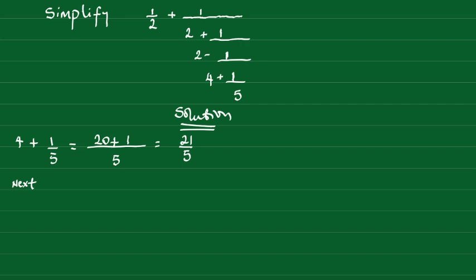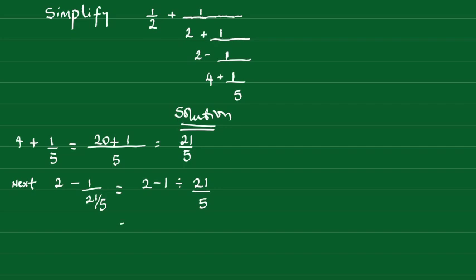Next in Q is 2 minus 1. So at the bottom of 1, we had 21 divided by 5. And this is equal to 2 minus 1 divided by 21 over 5.